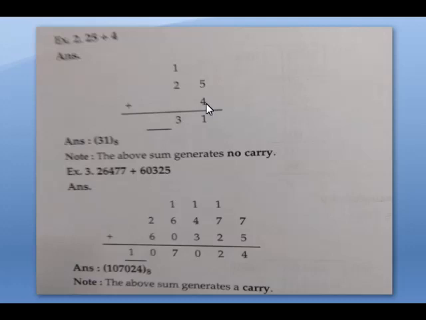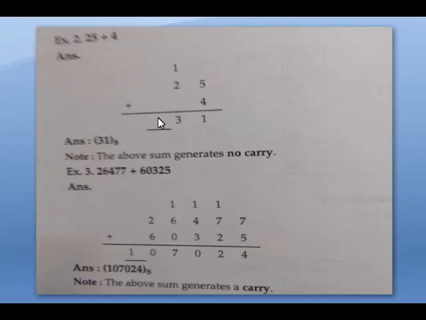So 7 plus 2 means 7, 10, 11. The sum 1 is here and the carry is here. 1 plus 2 is 3. So the answer is 31 base 8. Here there is no carry.